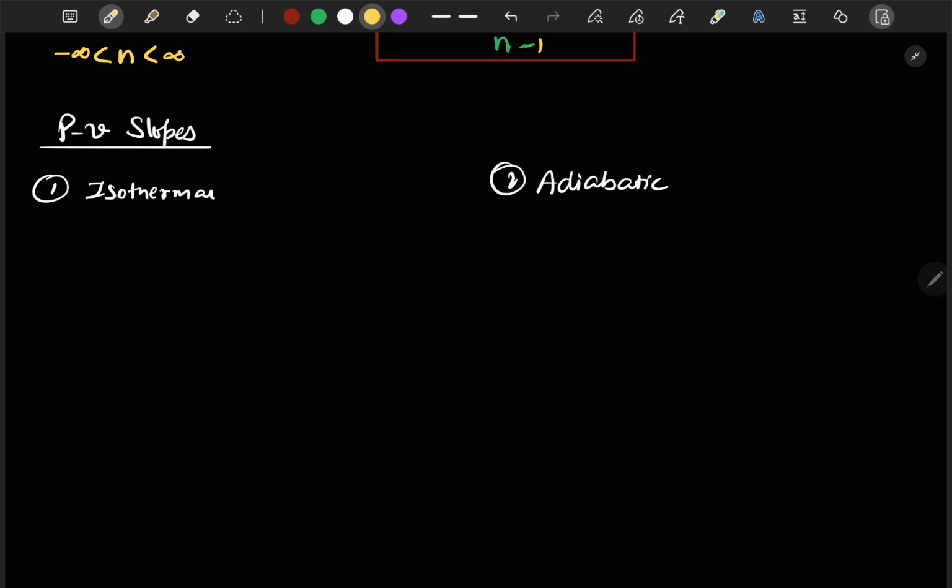For isothermal we know PV is equal to constant, and for adiabatic PV to the power gamma is equal to constant. Now we will differentiate both equations.